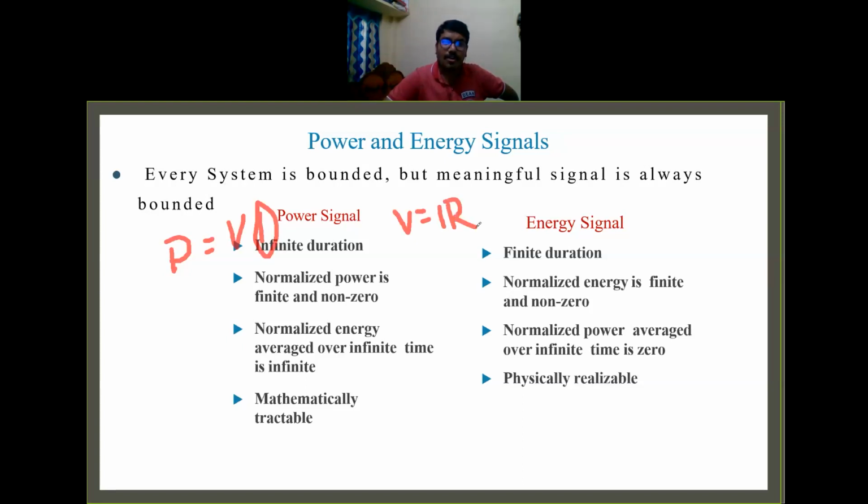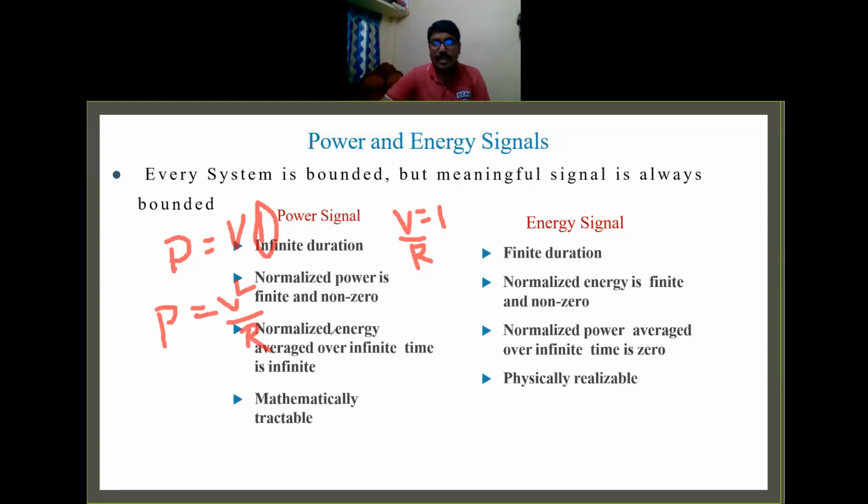It says V equals IR, so I equals V by R. I can put my R here. If I substitute it here, P will become V squared by R. This is my P.